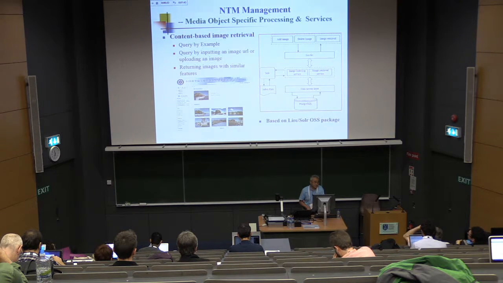That is to say, we can query by just inputting an image URL or uploading an image, and the search result will return images with similar features. The right side shows the background processing for the content image index and the content-based image retrieval. We implement this functionality mainly based on the Lucene LIRE OSS package.